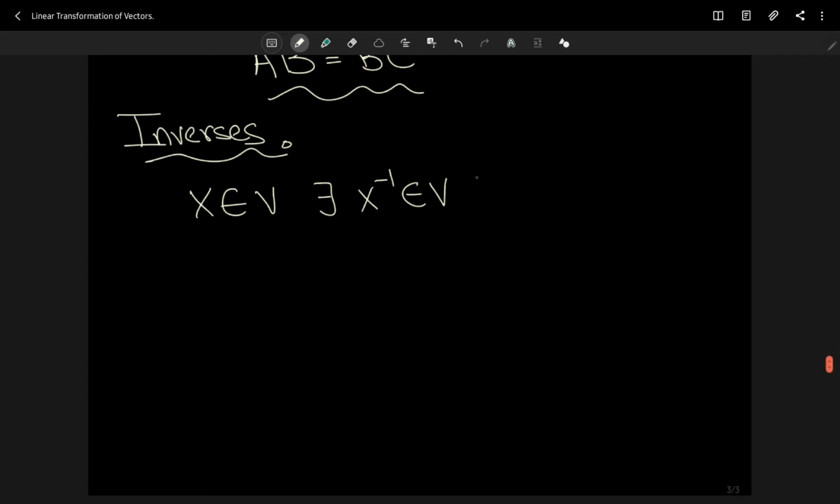And this is such that if I were to have x plus x inverse, it should give me 0. Or in general, we could say that x composition x inverse gives me identity. It just happens to be that the identity for this plus operation is 0, right?